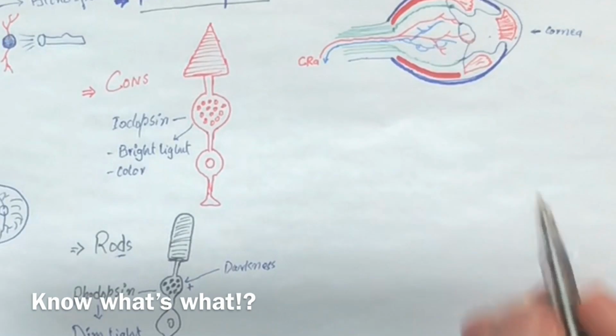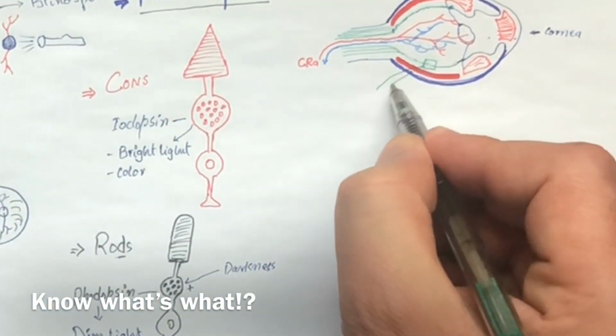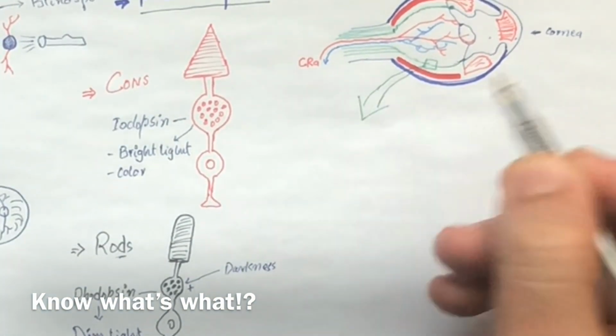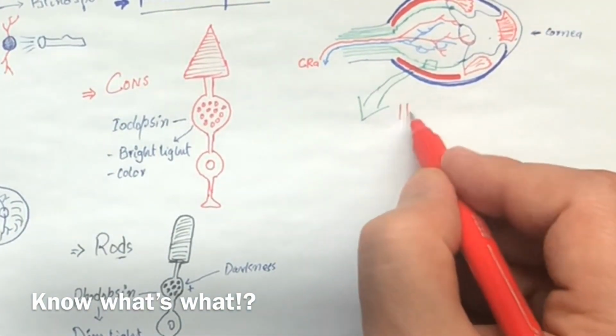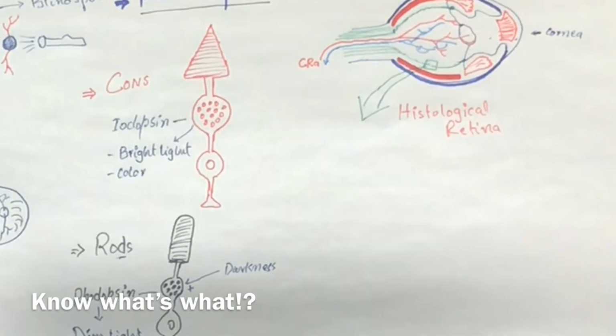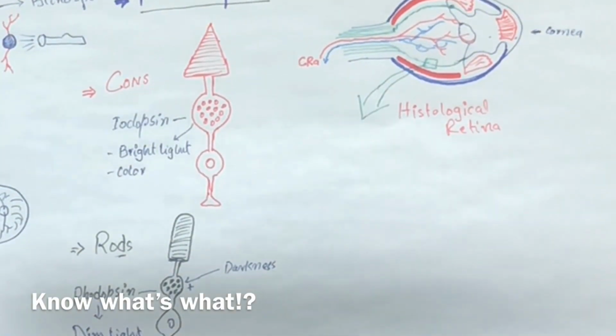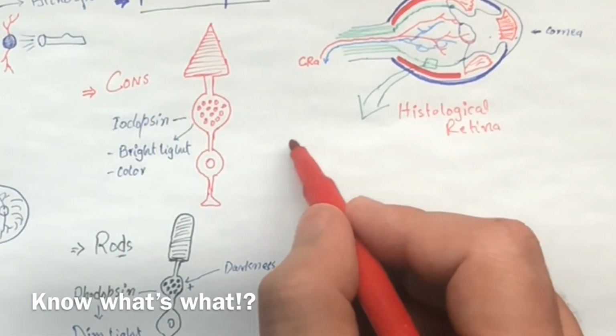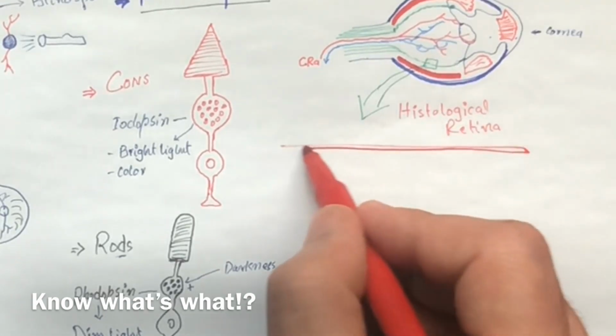Now let's look at the retina and the layers in the retina, the histology of retina. It has different cells and layers in retina. So the first one we draw, which is the outermost layer and which is not part of the retina, is the choroid.